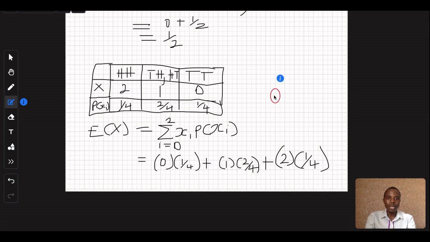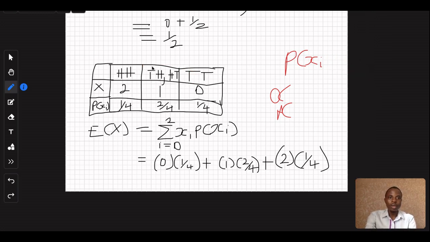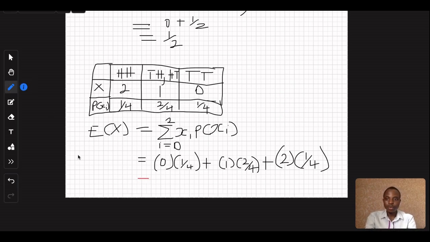That means PXI would have become 1 over n, as we said before. So it will be 1 over 4 for all of them. But since we have combined these two into 1, that will not hold. So you can take note of that in case that's what you want to do, but just be sure that what you are doing is correct.